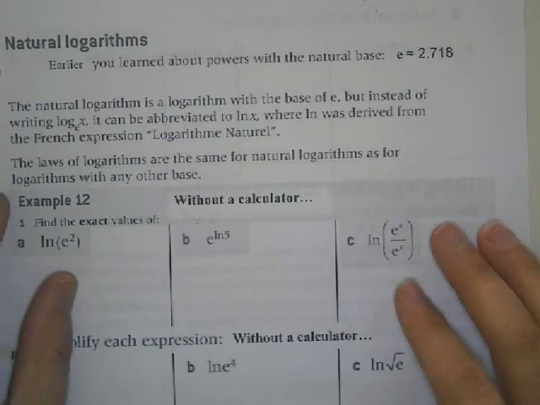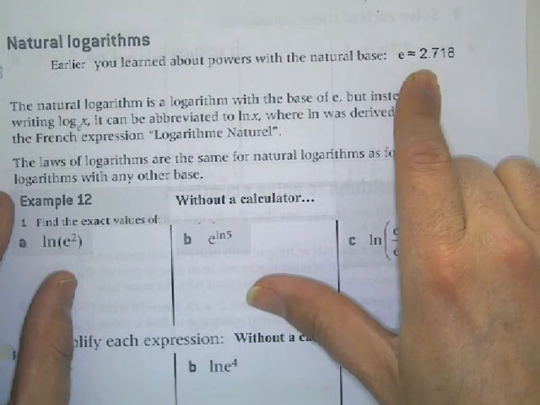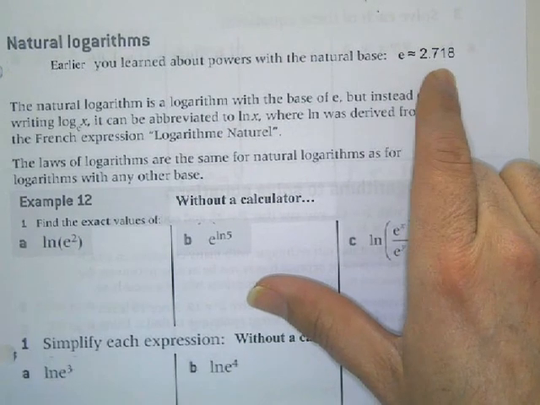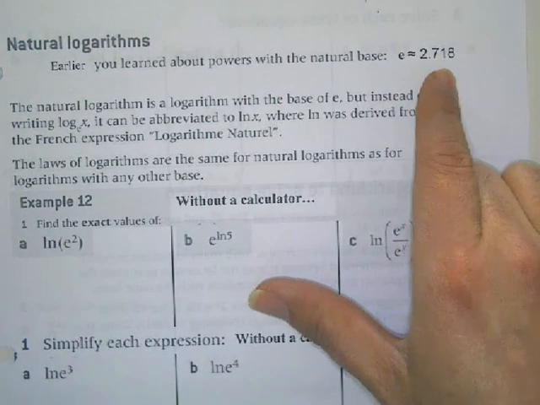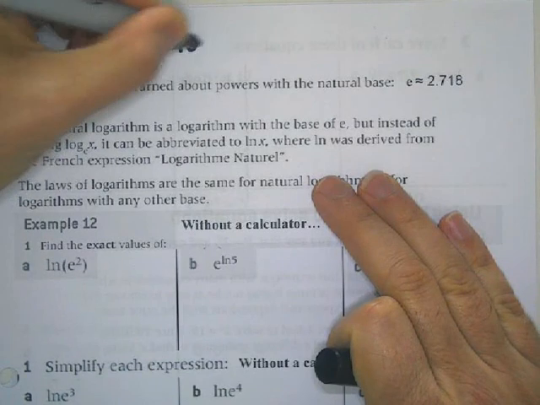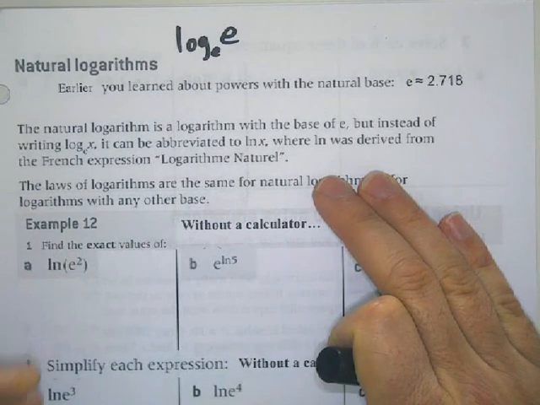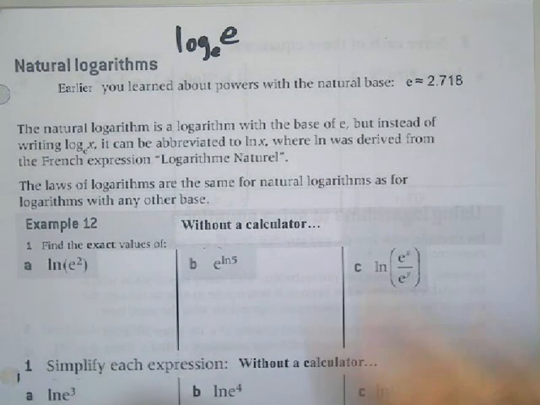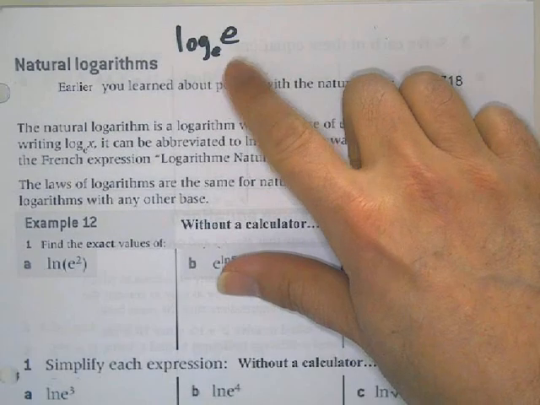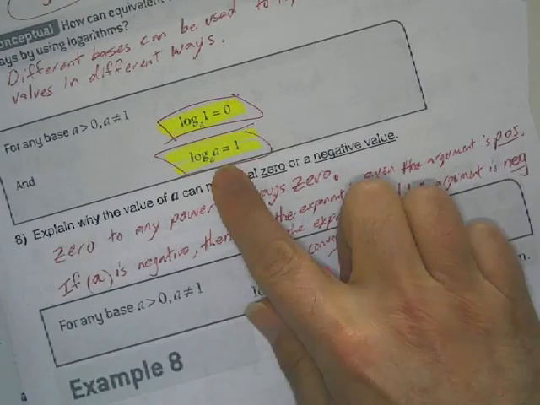Natural logs. Earlier we talked about natural logs. E is approximately the value of 2.718. So what did we say before? Log base E of E. Now, on our property handout from yesterday, when the base and the argument are the same, we know that the value is going to be 1, isn't it?